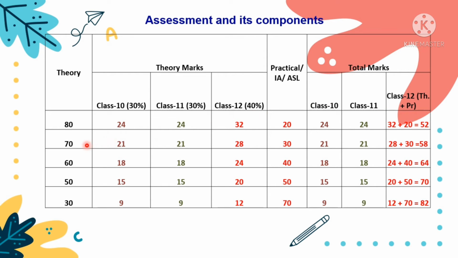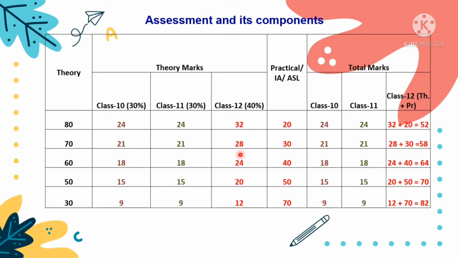Suppose you have a subject where the theory portion is 70 marks. In that case, the school has to take from class 10, 30% of 70, which is 21 marks. From class 11, 30% of 70, which is 21 marks. And from class 12, 40% of 70, which is 28 marks.